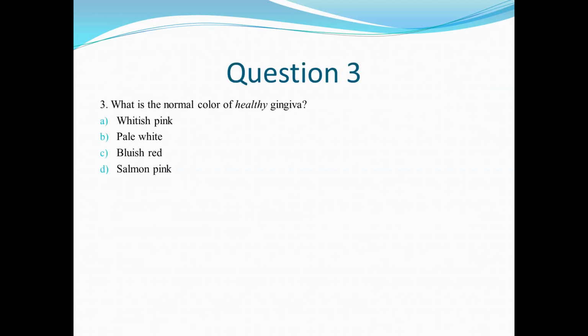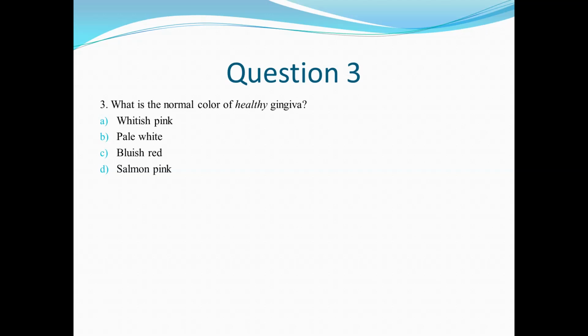What is the normal color of healthy gingiva? Now, this is where you want to look at the descriptions also. We've talked salmon pink, salmon pink, salmon pink. Bluish red is more of a very stagnant, chronic inflammation. Beefy red is acute inflammation. Pale white is almost cyanotic.